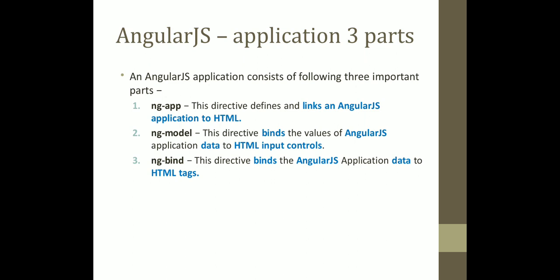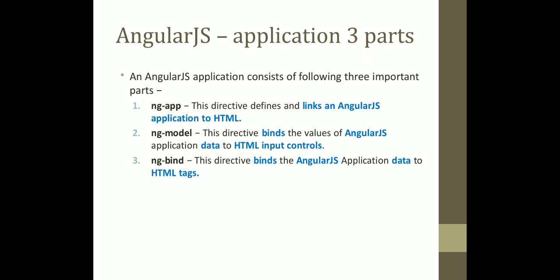Second, ng-model will bind the values of AngularJS application data to HTML input controls. There is difference in all these three parts. ng-app will link the AngularJS application to HTML. ng-model will bind the AngularJS application data to HTML input control.